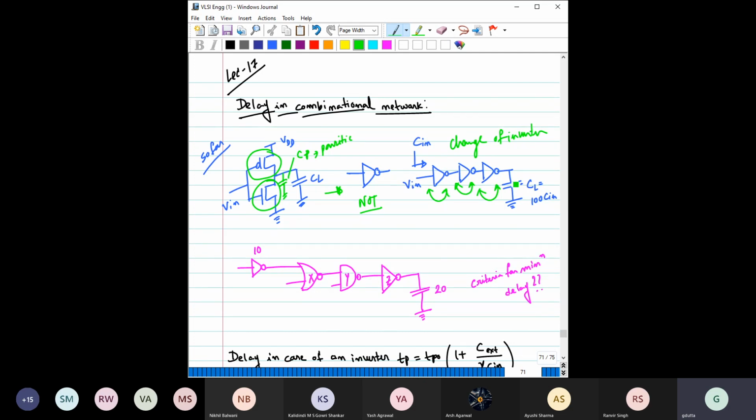But if you want to design a practical circuit, you cannot use only inverters. You can also have NOR gates, NAND gates, and other gates. So then what will be the criteria?